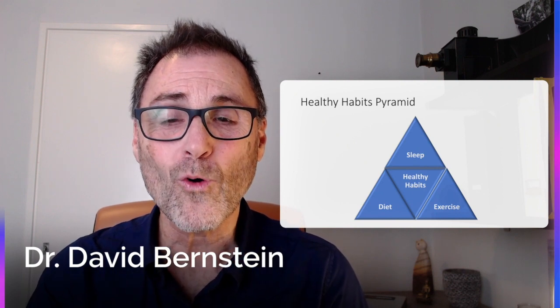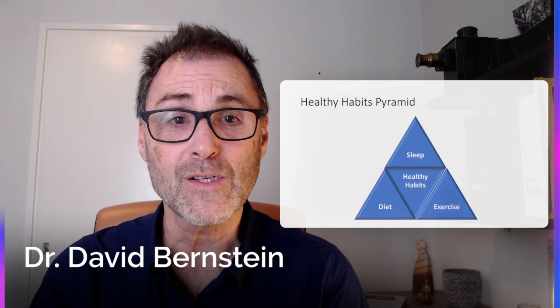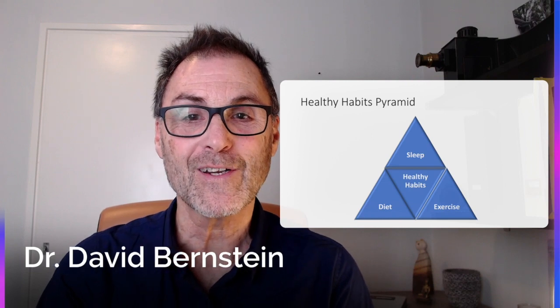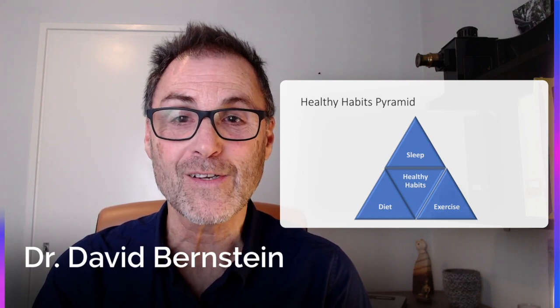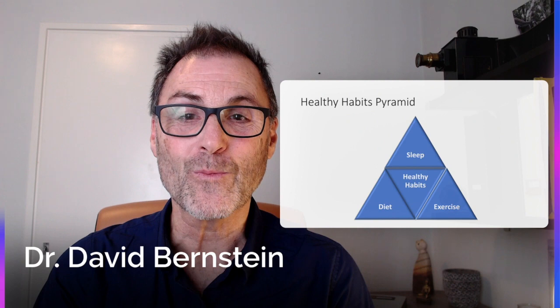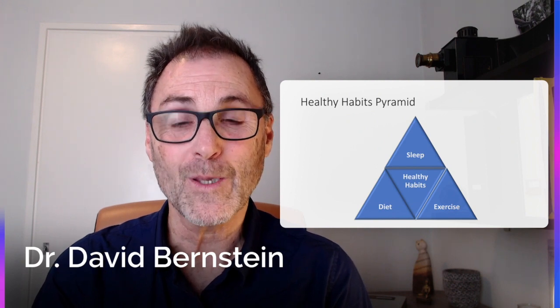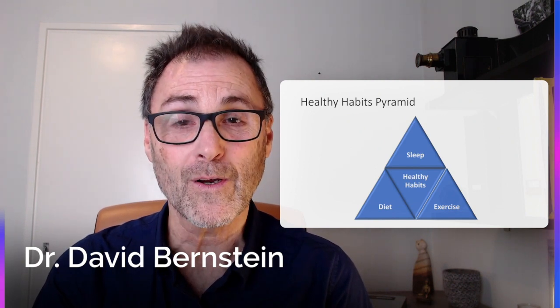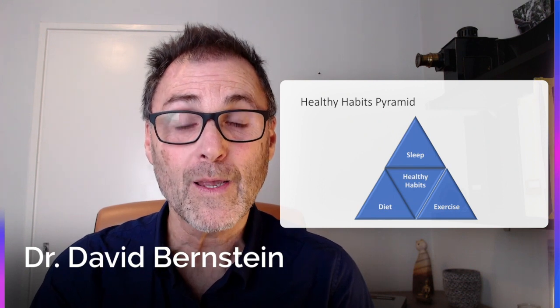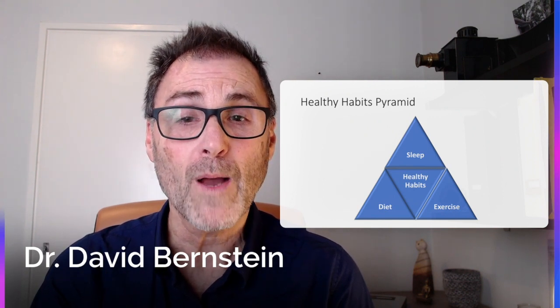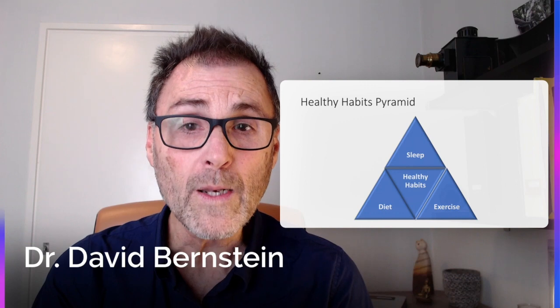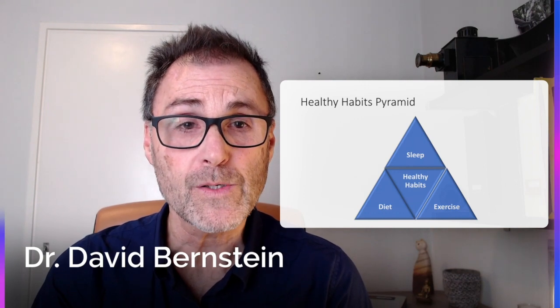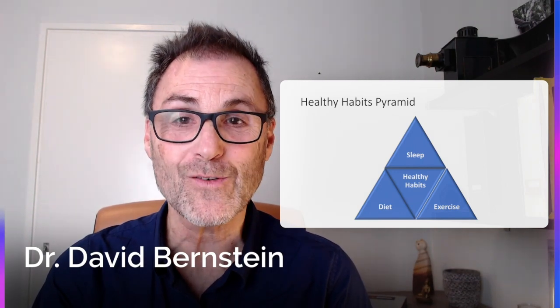I tend to think that the core of healthy habits lies in three areas, and that is sleep, diet, and exercise. And what you want to try to do is help people who are having difficulties with self-care start to build an island of strength by focusing on one of these three areas: sleep, diet, or exercise.